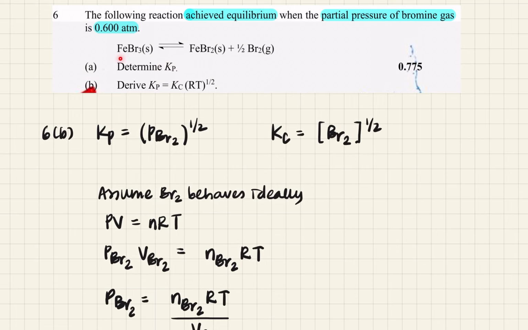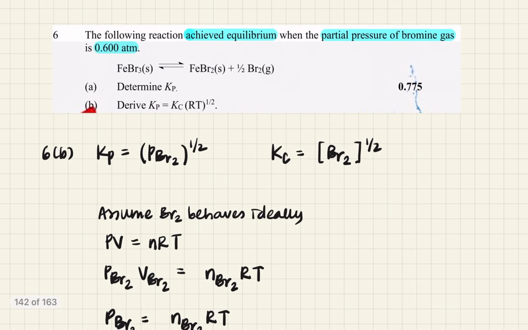So since your FeBr3 and FeBr2 are in solid phases, we will not include these in our Kp or Kc expression. Okay, so we just write down your Kp and Kc expressions, and then Kp expression from here, and then just put in the partial pressure of bromine gas, 0.6.